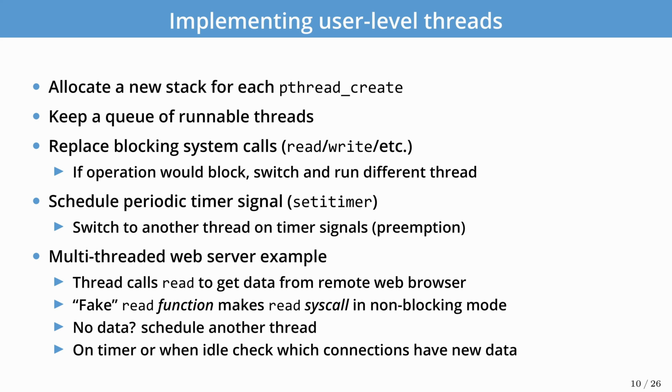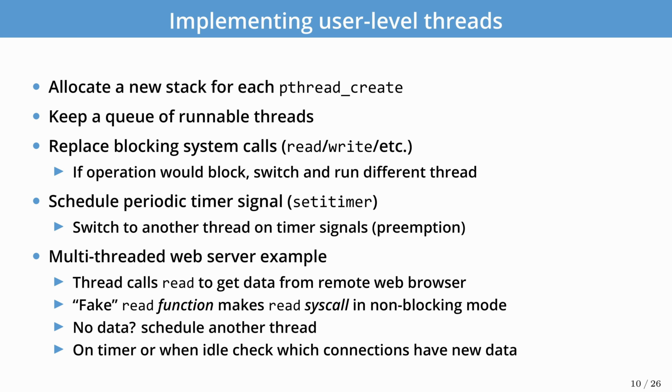To implement user-level threads, we can implement all of these pthread functions I described earlier. Pthread create is going to allocate a little bit of memory for the stack. It's going to keep a list of all the threads that are currently runnable, that is, threads that are not waiting on I/O and not asleep for any other reason.